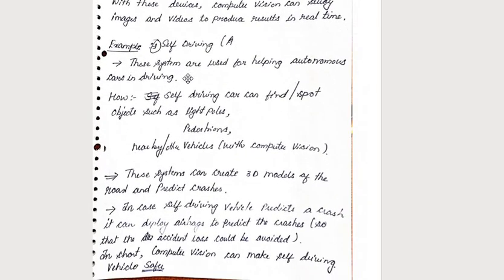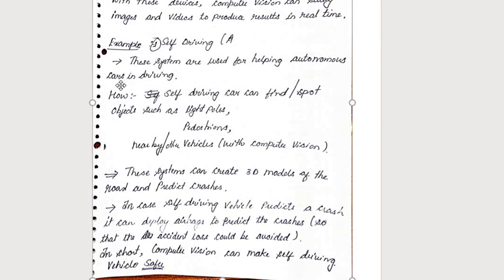If I take the best example for computer vision, nowadays we are using the self-driving car. These systems help the autonomous car with driving, and self-driving cars can spot objects such as light poles, pedestrians nearby, or any other vehicles with computer vision.